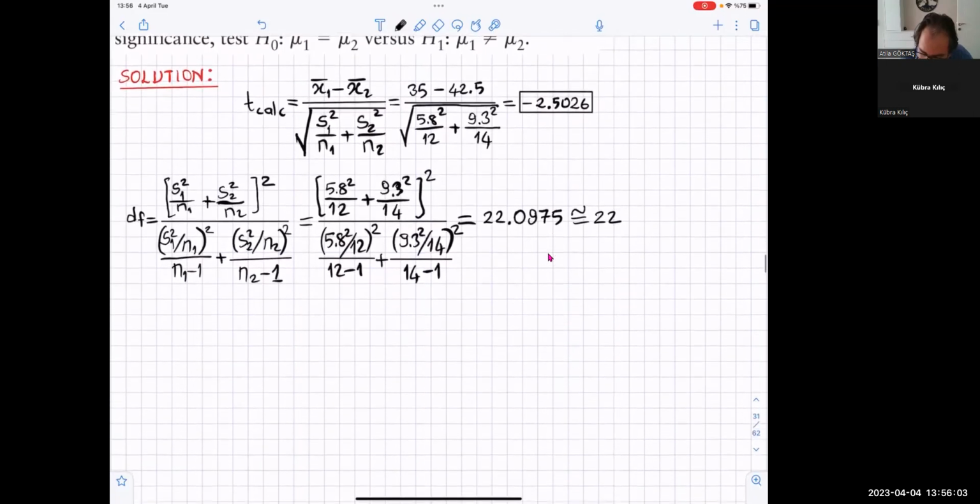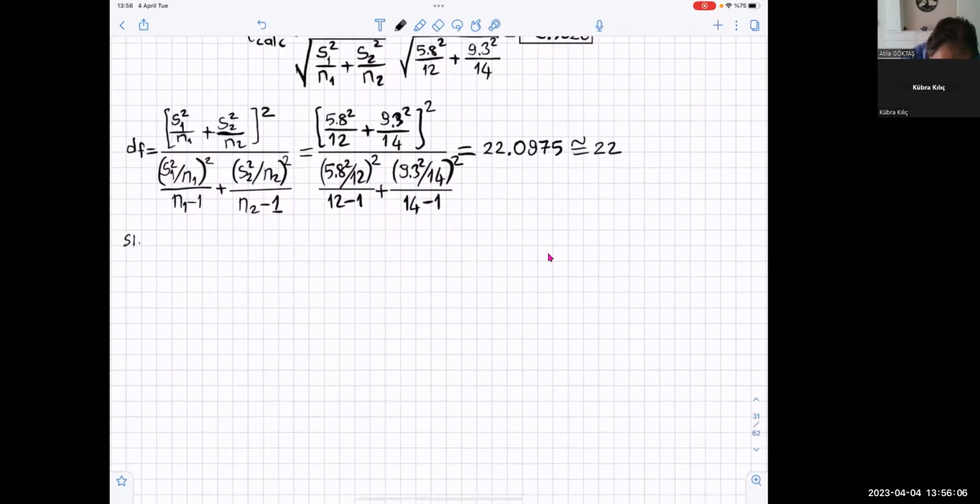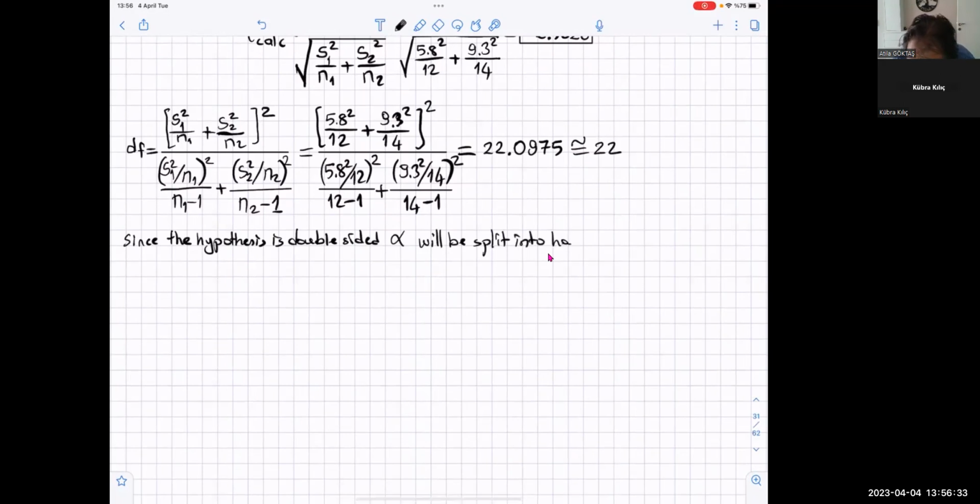Since the hypothesis is double-sided, alpha will be split into half in determining the critical value.